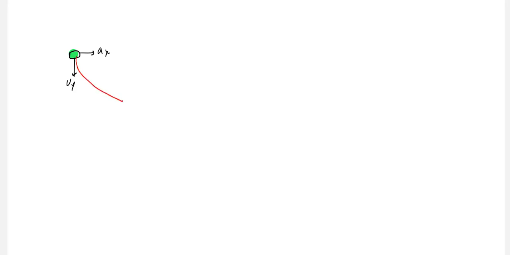This will be the path because of the acceleration and velocity. Now similarly, if the particle is having velocity like this, and if acceleration is in this direction, the particle will deviate in this direction. This will be the path. This is called a path.